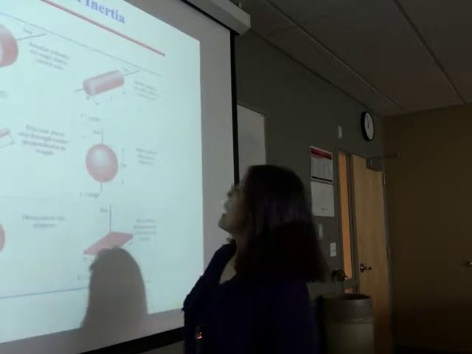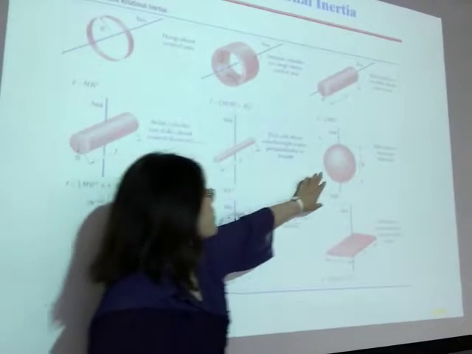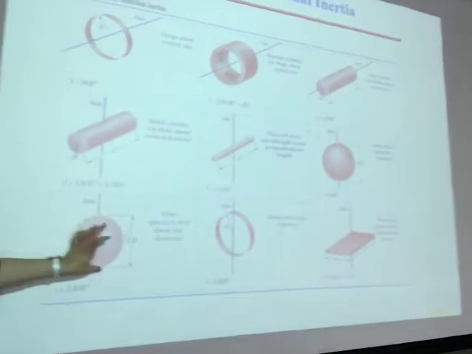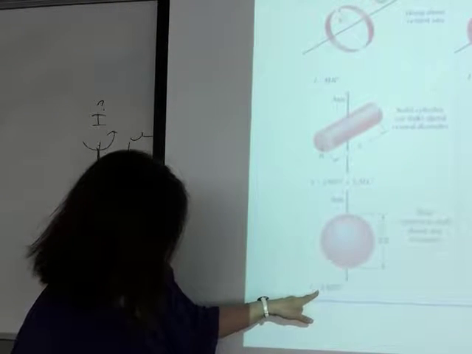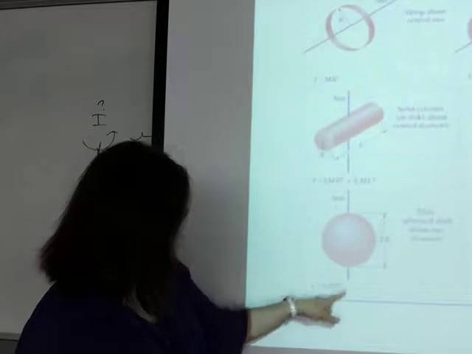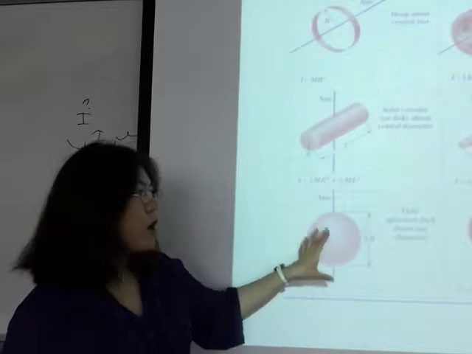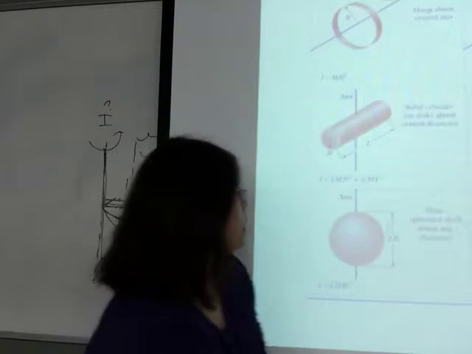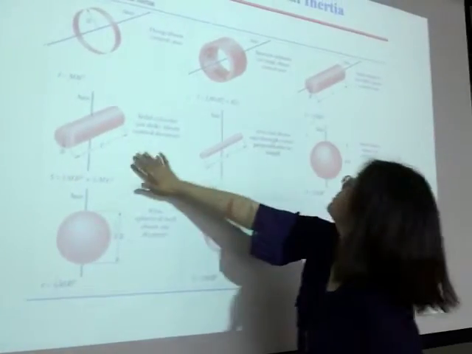Now, when you have a thin spherical shell, you have a different expression, and this is how many mr squared? 2/3. Okay, so you can see that when you have a solid sphere and a spherical shell, they have a different central rotational inertia.